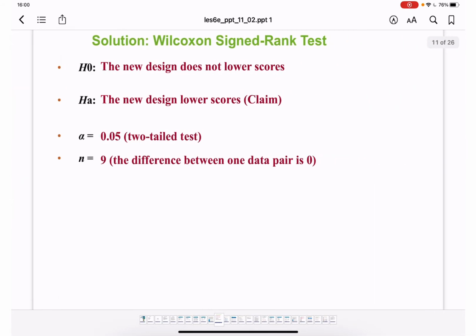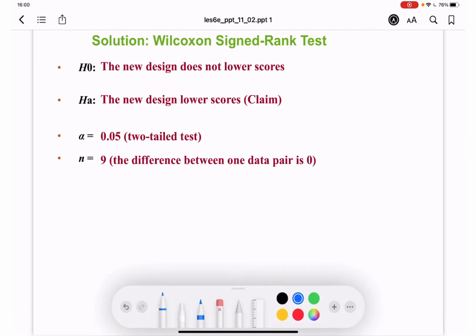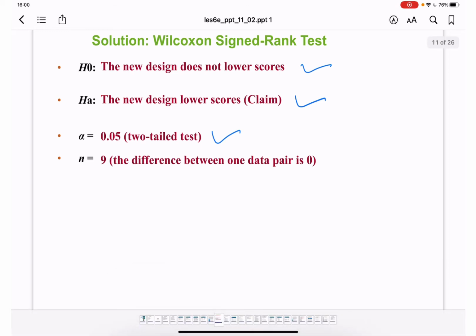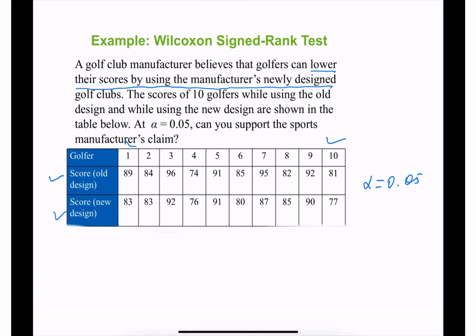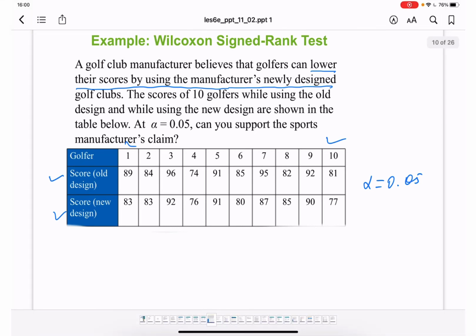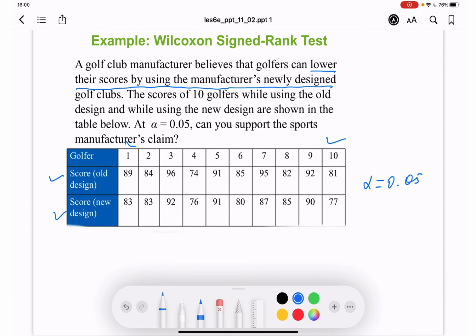All right. So the claim is that the new design can lower their scores. The null is that it does not lower them, like equal to the old one. Since we have a two-tailed test, equal, not equal, alpha is equal to 0.05, and n is equal to 9, because we have 10 golfers, but let me find number 5.